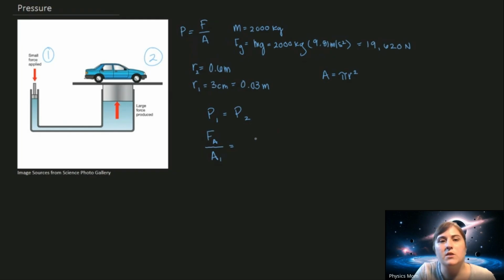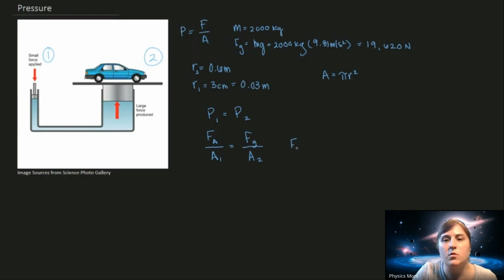So the applied force of the hydraulic lift needs to equal the gravitational force, which we have already calculated because we know the mass of the car, over its much larger cross-sectional area. If I want to figure out how much force is required from the small hydraulic side, I can multiply A1 to both sides of my equation.